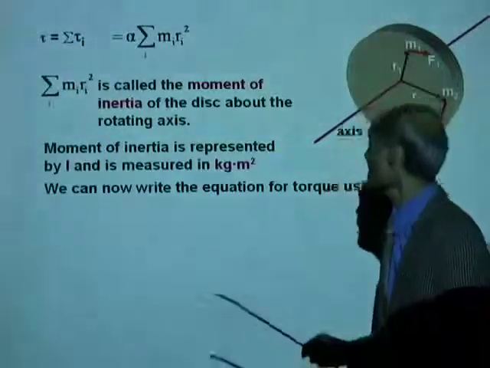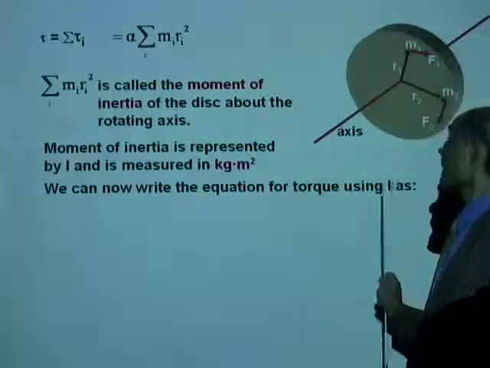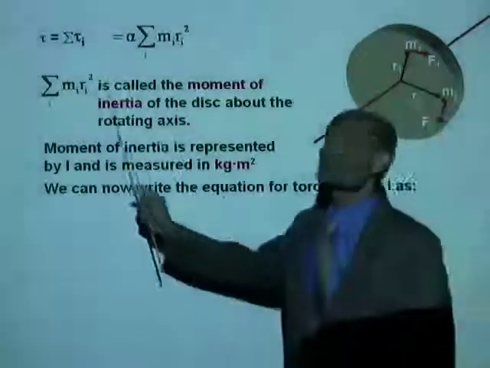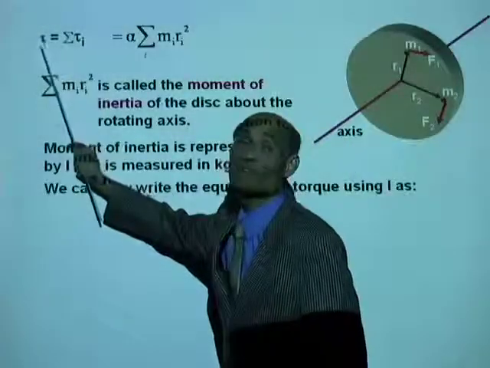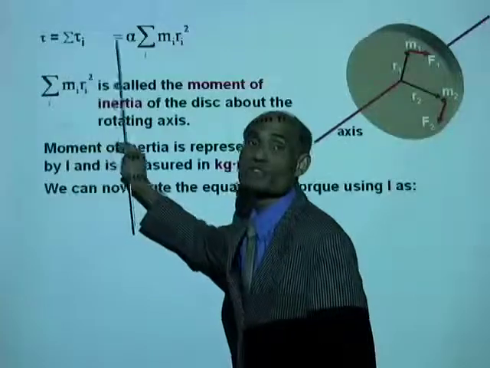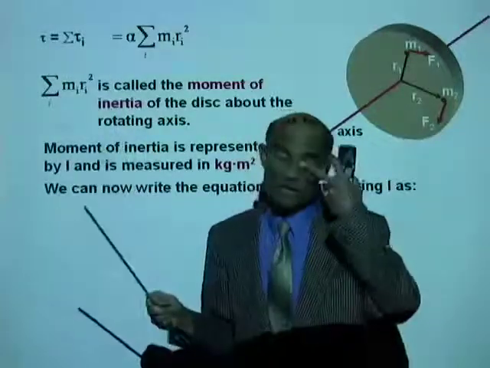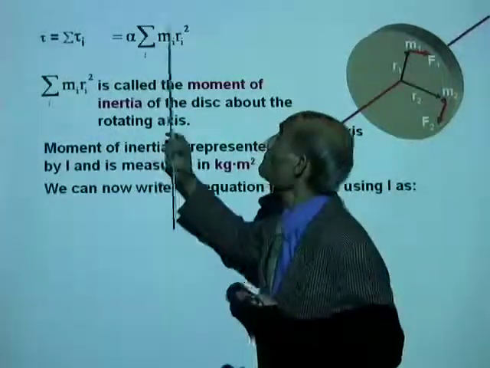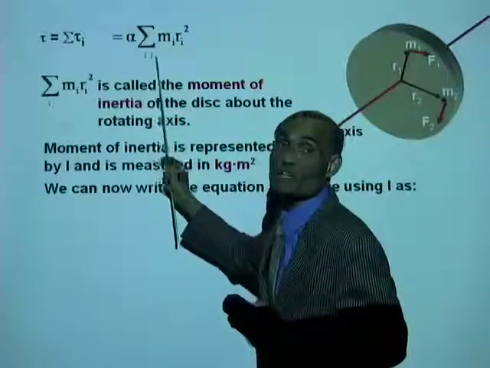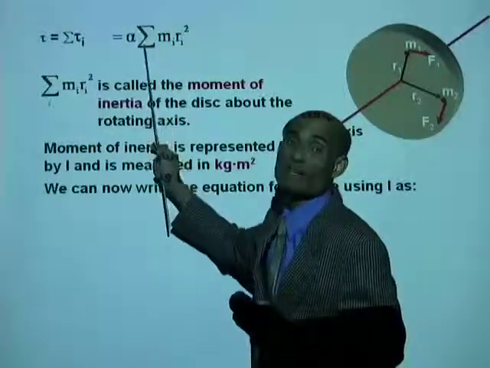We can now write an equation for torque. Now look at this, we have the equation torque equal to alpha, the angular acceleration, multiplied by this quantity. What is this quantity called?